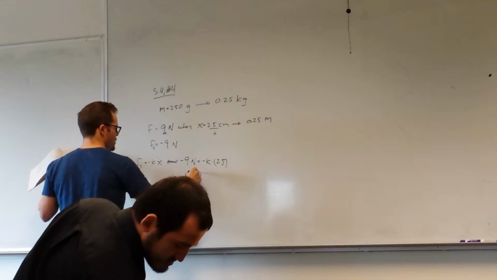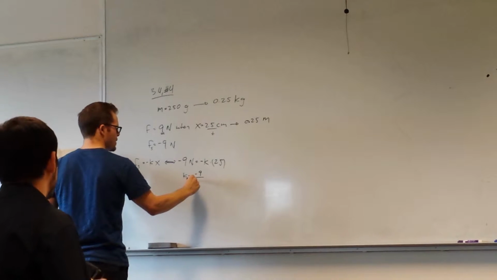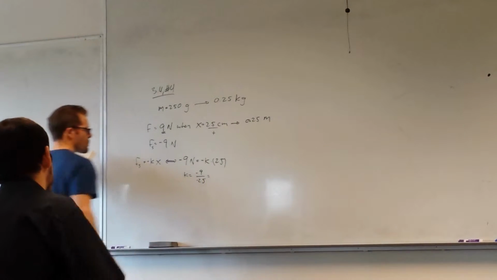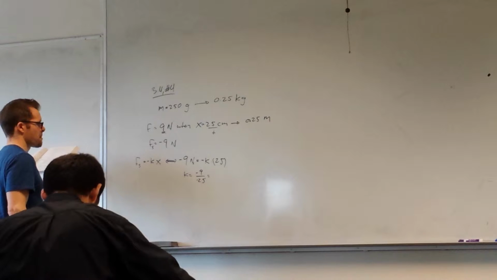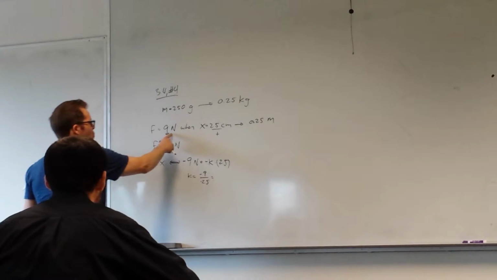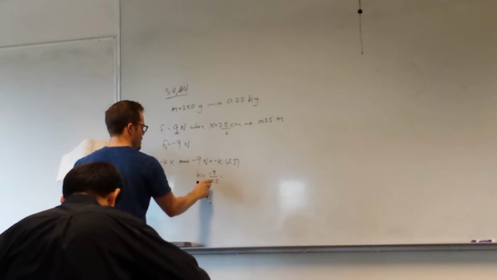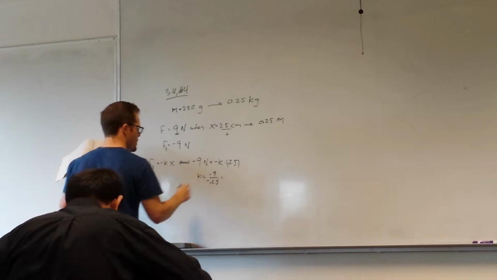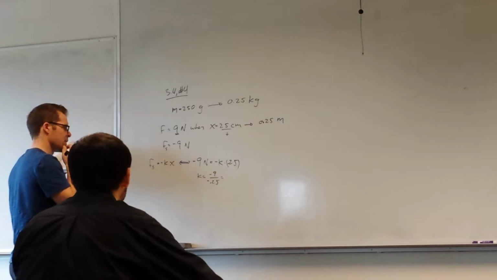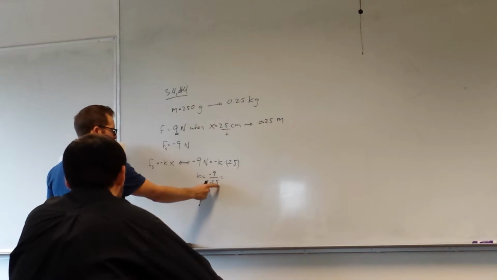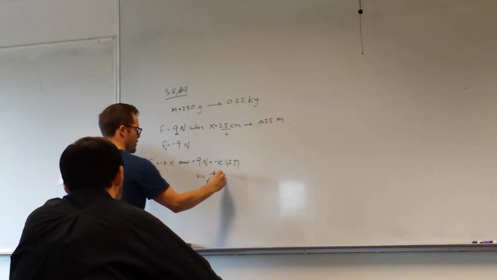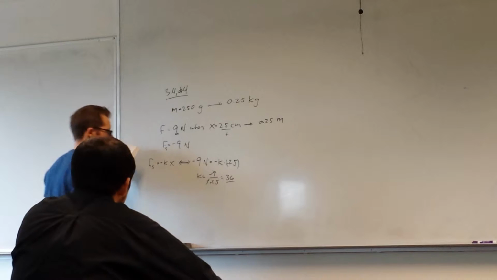Divide by negative 0.25, so the negatives cancel out. 25 or 0.25? Oh, right. Newtons, and we're talking about meters, so it's 0.25. Right, we want it in newtons per meter. So divide 9 by 0.25, that's the same as multiplying by 4, we get k equals 36.